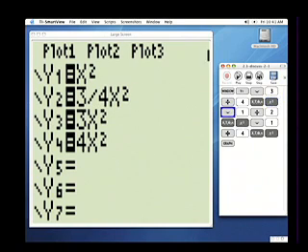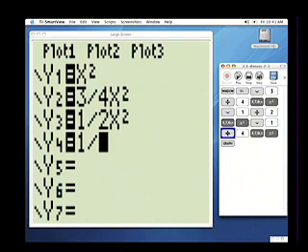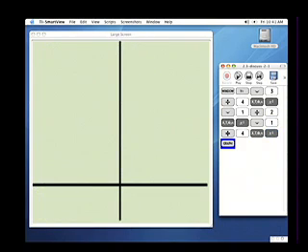Let's move down to the third equation, where we need to enter in a 1 divided by 2, and then our x and x squared. Then move down to the fourth equation, y sub 4, where we'll enter 1 divided by 4, x, and then your x squared key, and then you want to click on your graph key.